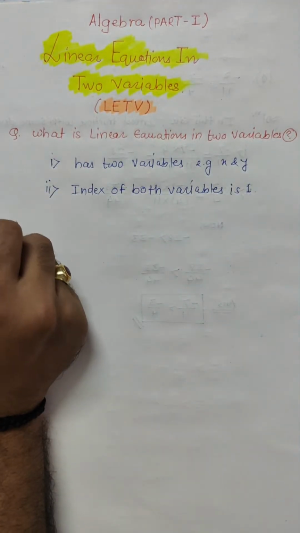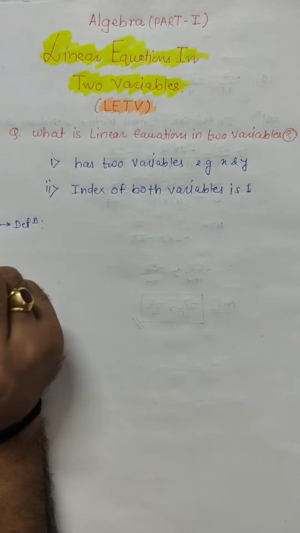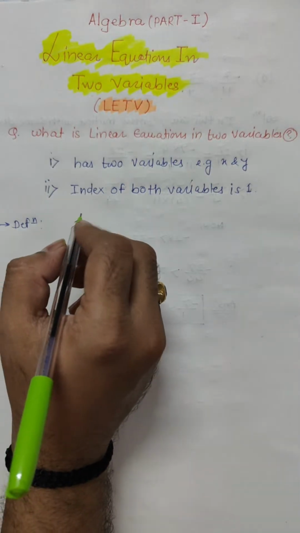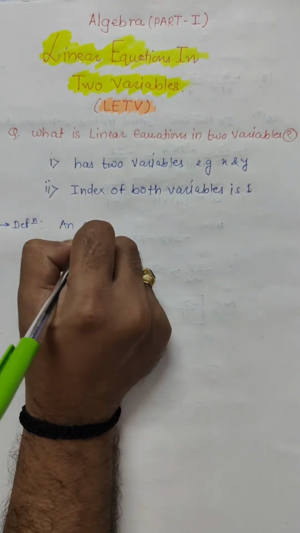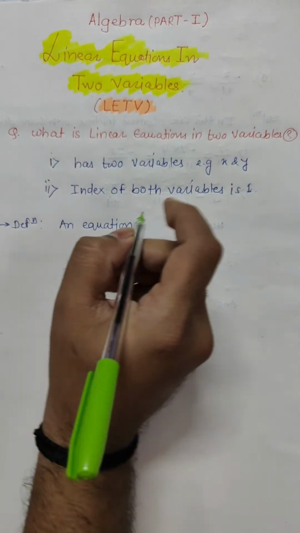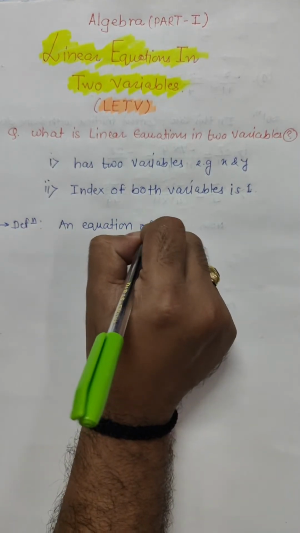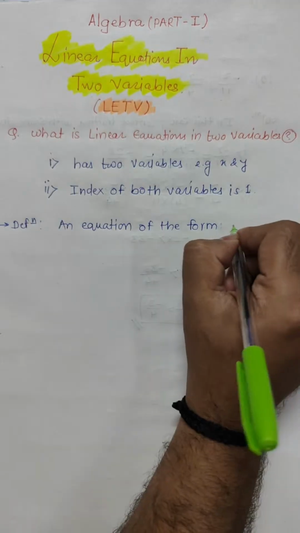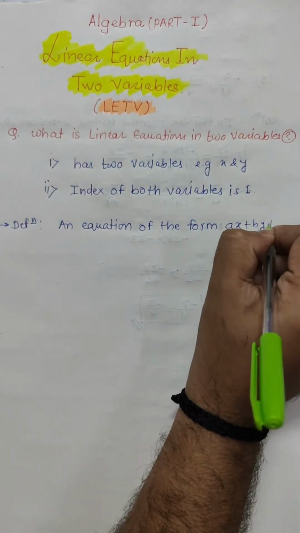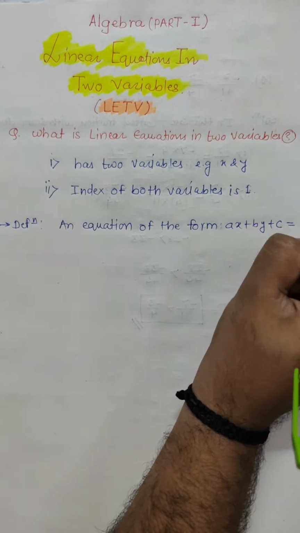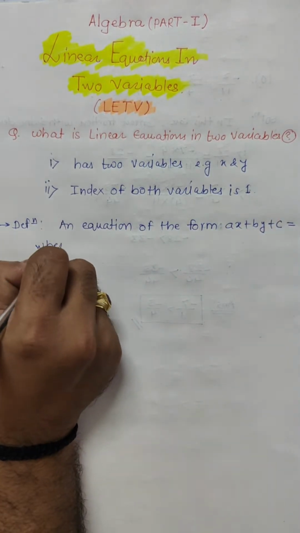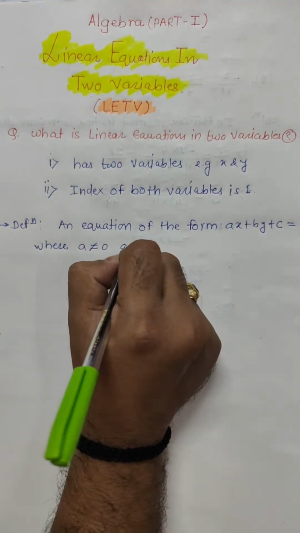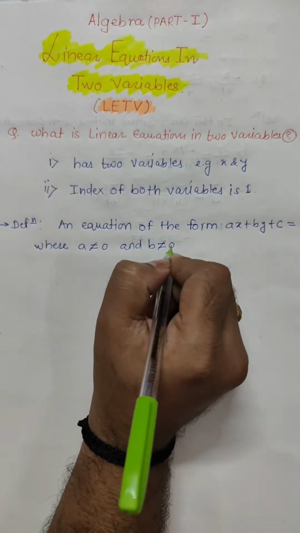Finally we will get the definition of it. An equation of the form ax plus by plus c is equal to 0, where a is not equal to 0 and b is not equal to 0.